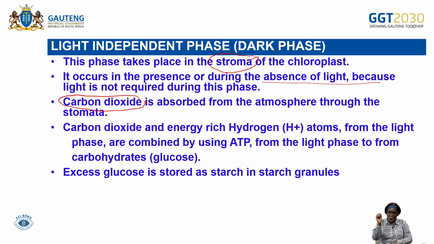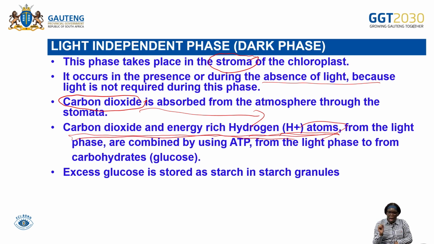Into the stroma. And because we have enzyme activities within the stroma, the carbon dioxide will do what? Will combine with the energy-rich hydrogen atoms. Carbon dioxide will combine with the energy-rich atoms to do what?